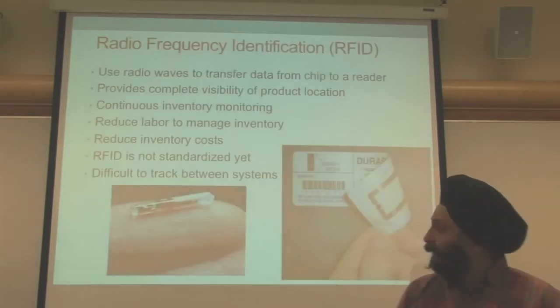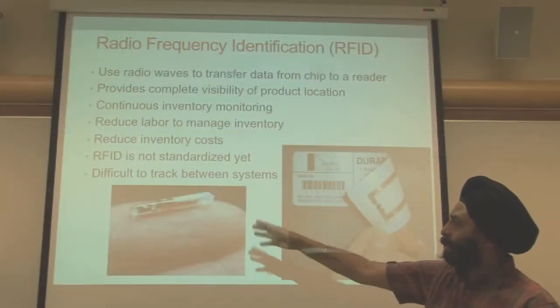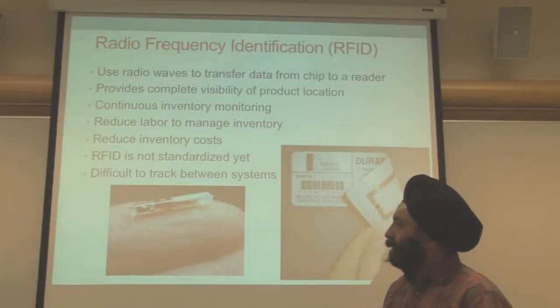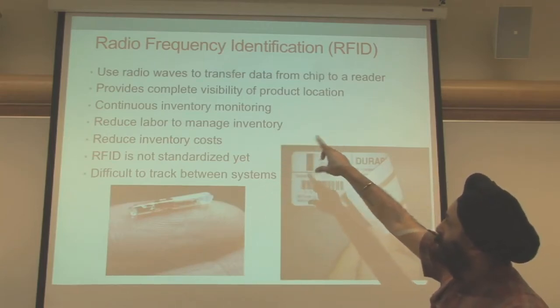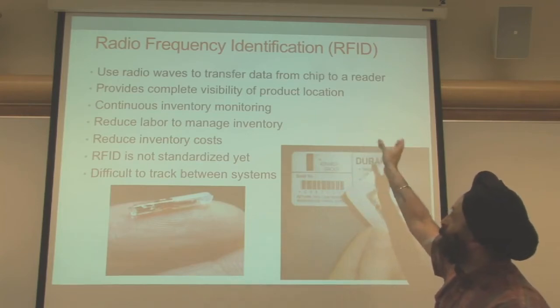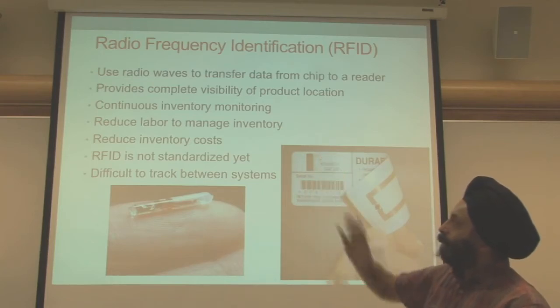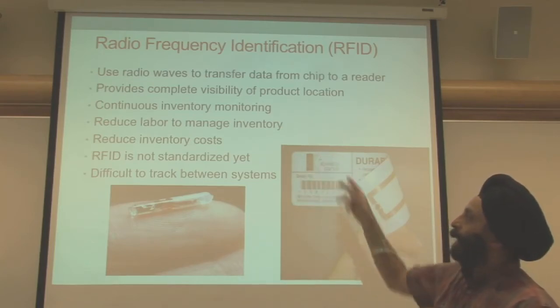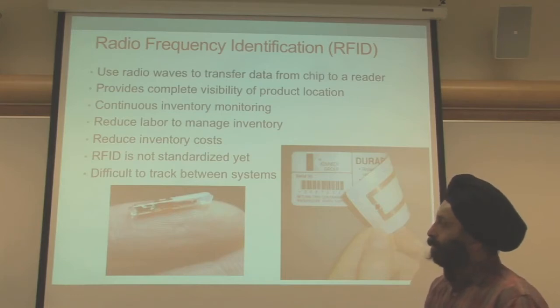In terms of RFID, you can see RFIDs could be passive, over here behind a label, or it could be active, in terms of actually being inserted in a product. In this case, they use radio waves to transfer data from a chip to a reader, provide complete visibility of product location, continuous inventory monitoring, and reduce labor to manage inventories, because everything can be tracked through radio waves rather than physically moving the product around in a warehouse to find if we have the right item.